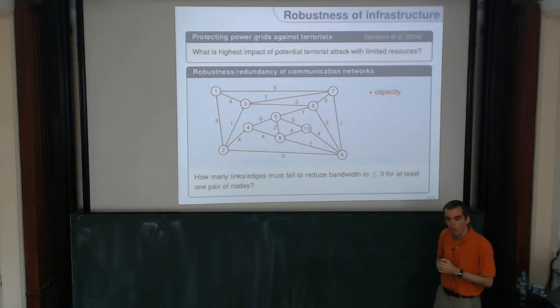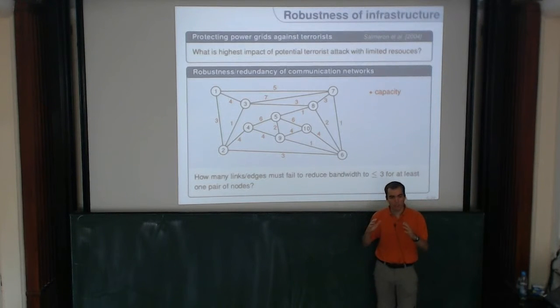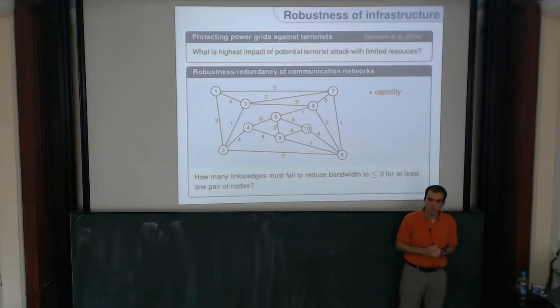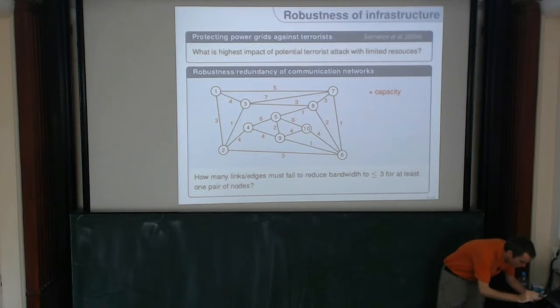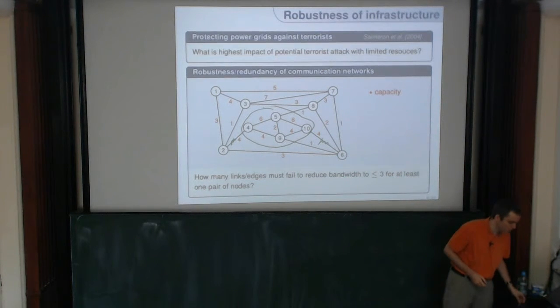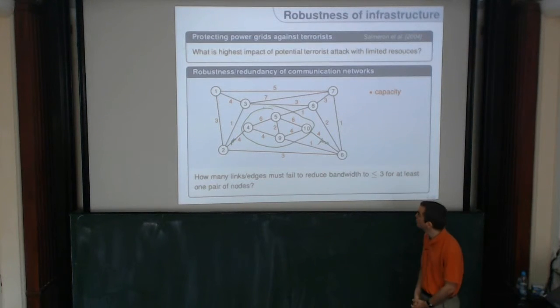In other words, how many edges do you have to remove to create a global cut in that graph whose value is 2 or less? That would be a typical interdiction question. Here, just to give an example, the answer is 2. You can remove these two edges, this one here and that one here, and this creates a center cut between the four central vertices of value 2. Okay, so there's a solution.